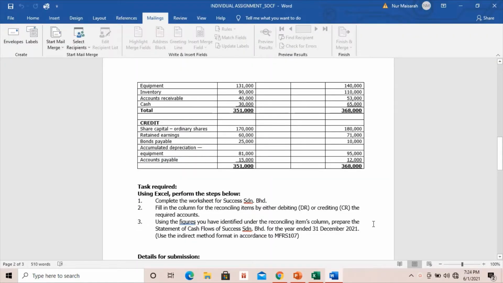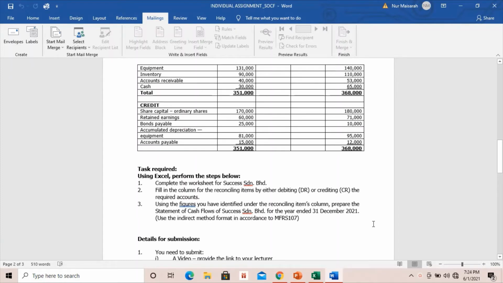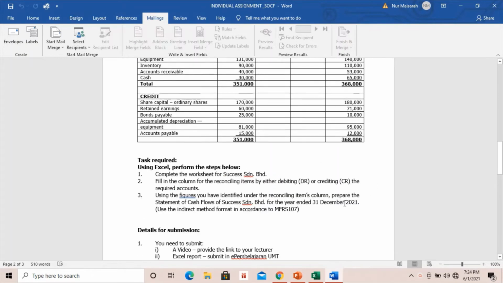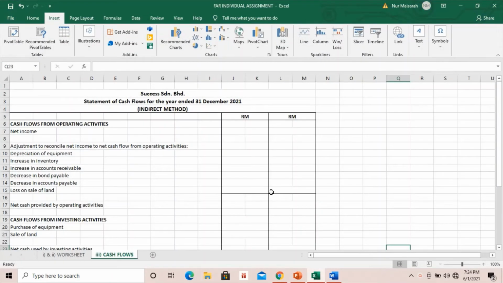Okay, next the question asks us to prepare the statement of cash flows of Success Sendirian Berhad for the year ended 31 December 2021 using the indirect method format. So I have already done the columns for the statement of cash flows, indirect method.